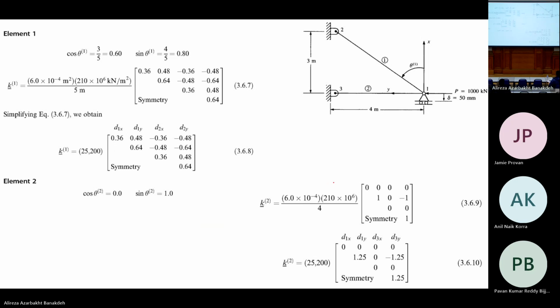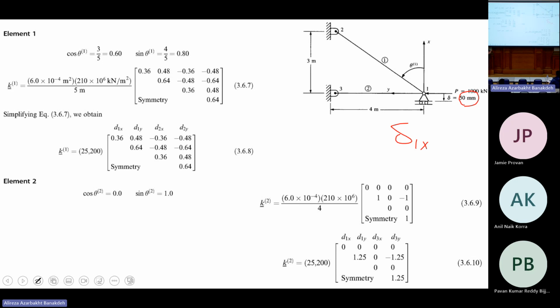So this 50 millimeter is along with delta 1x, isn't it? If you didn't have support settlement, delta 1x was 0. But because of some problem in the soil, whatever it is, beneath your foundation, the whole support is going down.